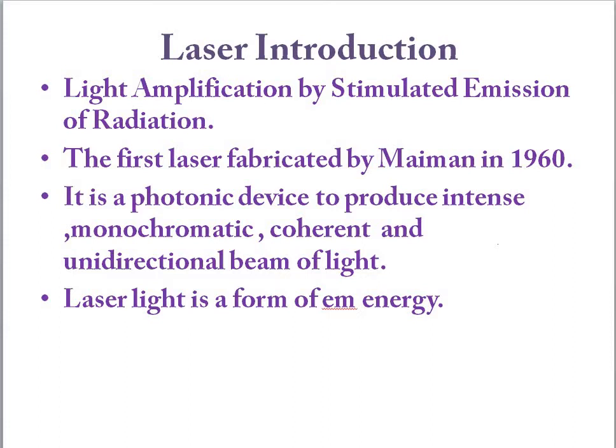Normally in the case of a laser, the optical part of the spectrum extends from the ultraviolet region to the far infrared region, including the visible region. So the laser can emit infrared radiations, ultraviolet radiations, or visible light. So the range is from ultraviolet, visible, and infrared.